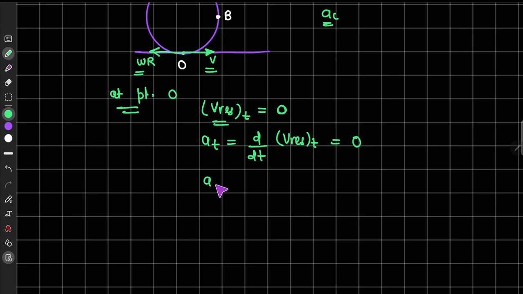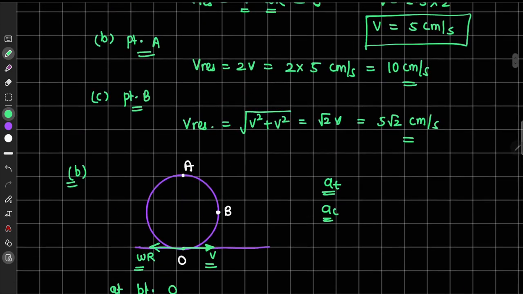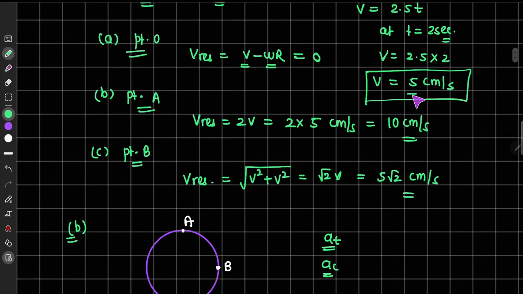If we talk about AC, that is the centripetal acceleration, we know that is equal to omega square r, and in this particular case velocity is given as omega r, so we can write it as v square by r. Okay, v is given as, at t is equal to 2 seconds, we have found out that is 5 centimeter per second.